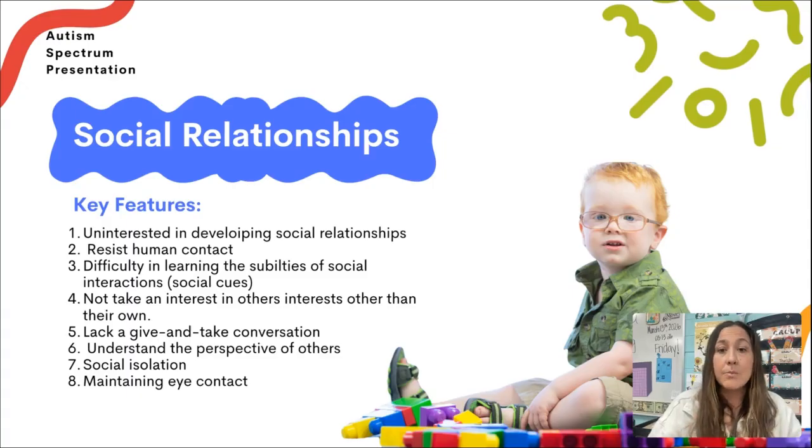So we have to teach them the social connecting skills and understanding the perspectives of others. Most of the time they see their own perspective, not willing to view others' opinions or perspectives on different aspects within the classroom. So we need to be mindful of that, because social isolation is something that they are challenged with in the classroom.